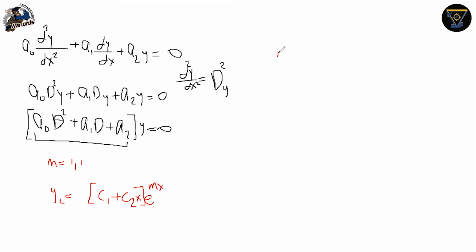But suppose you get values that are not repeating. Let's say you get values like 2 and 3. These aren't repeating like we have 1 and 1.